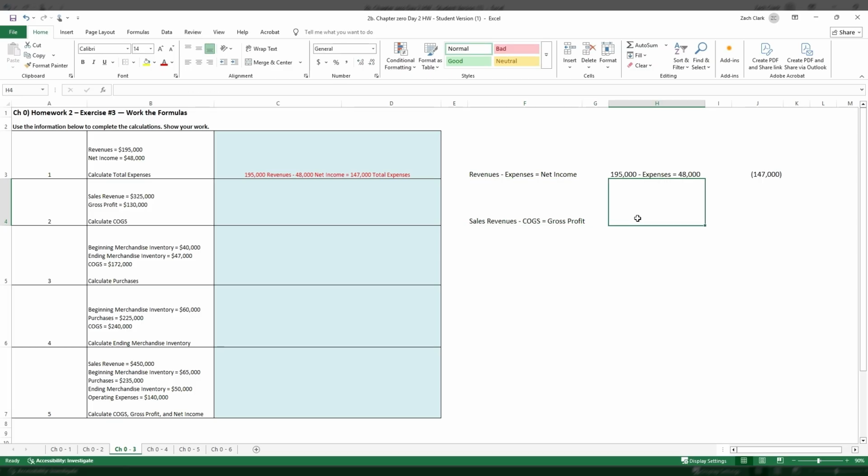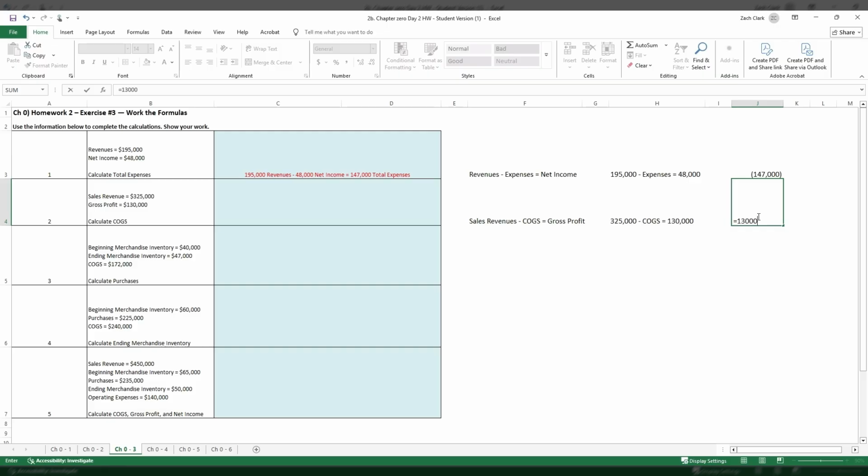So that's our basic formula. What do we know? We know 325,000 minus COGS, which is what we don't know, equals 130,000, right? So again, we have to isolate our variable. We can do the same thing: 130,000, subtract 325,000 from both sides. That gives us a negative 195,000.